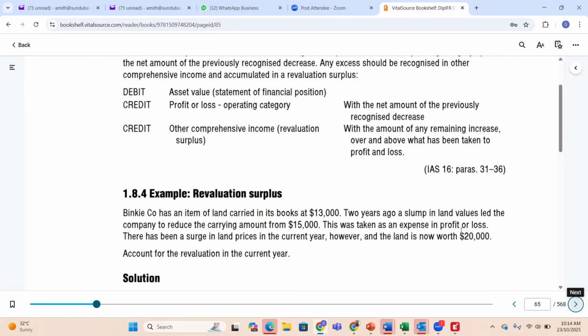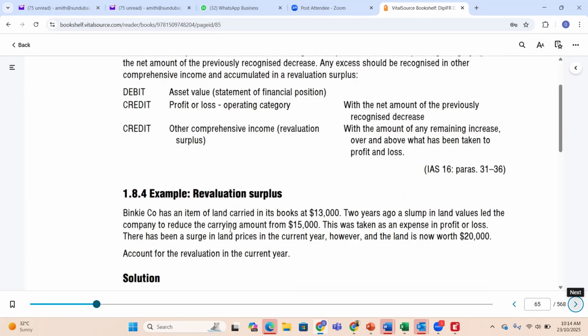This was taken as an expense in profit and loss. There has been a surge in land prices in the current year. However, the land is now worth 20,000. So what do you do? It was 15,000. It became 13,000. So there was a $2,000 hit in the P&L as impairment loss or revaluation loss, as the case may be.